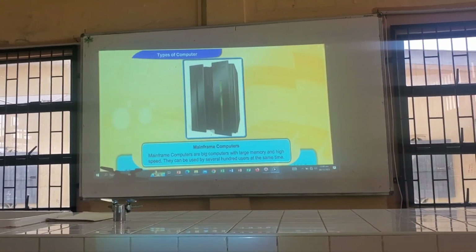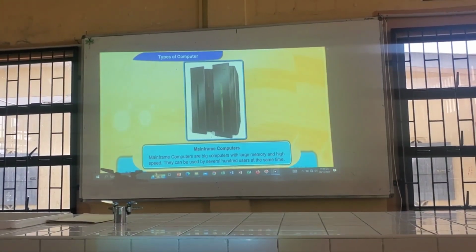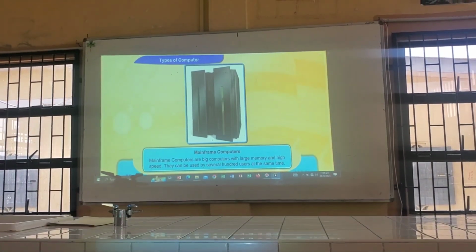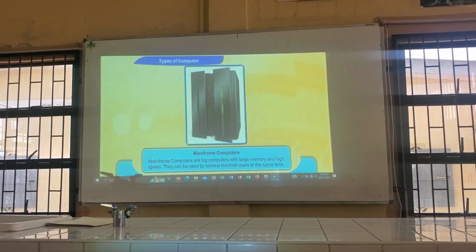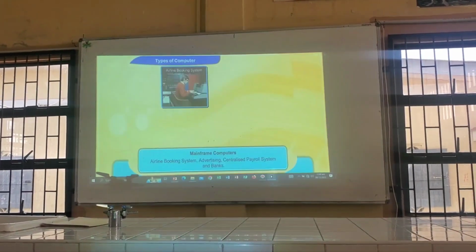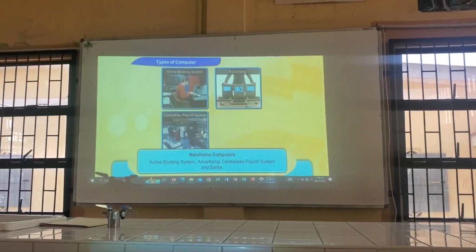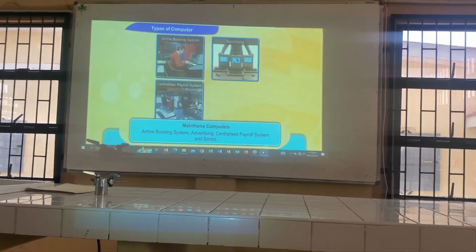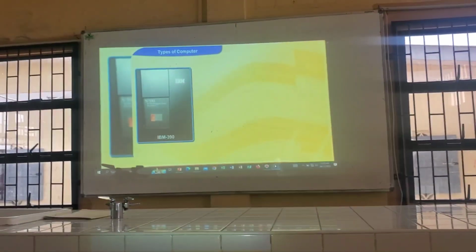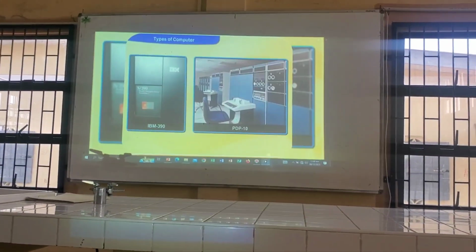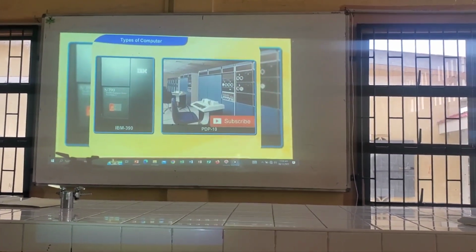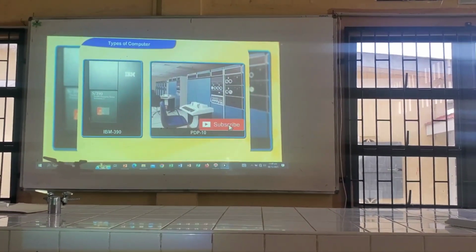They can be used by several hundred users at the same time. Mainframe computers are mostly used by big organizations like airline booking system, advertising, centralized payroll system and banks. IBM 390 and PDP-10 are examples of mainframe computers.